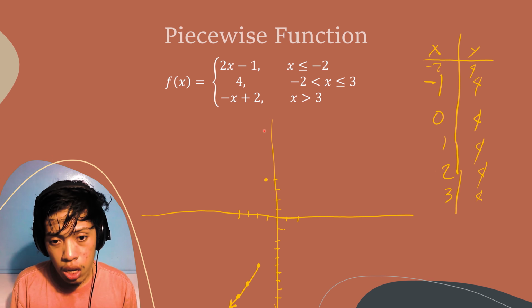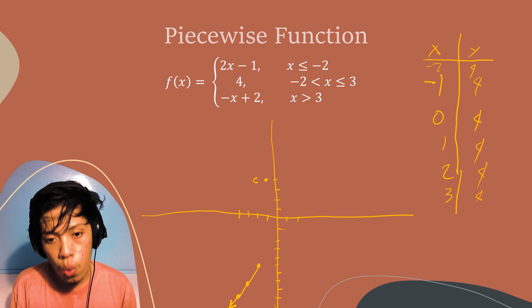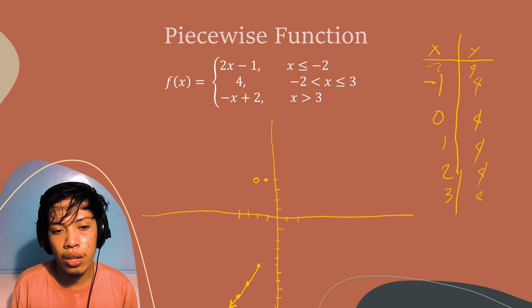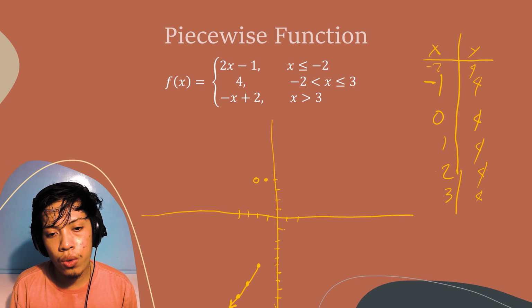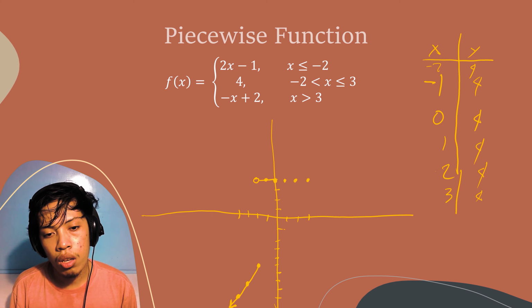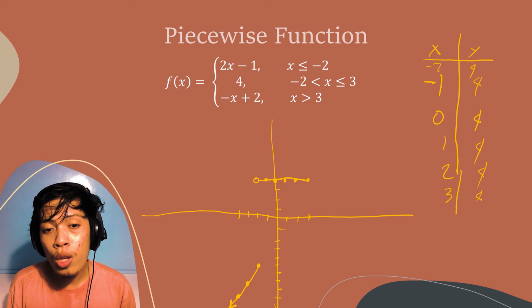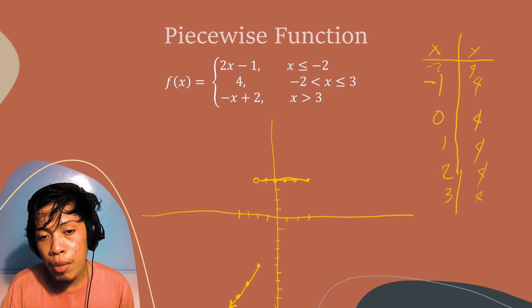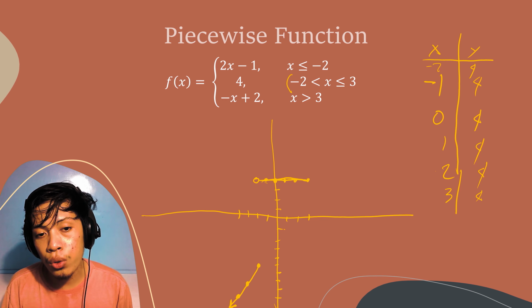So technically, you should have here a hollow dot. Like that. So for 0, this is also 4. For 1, this is also 4. For 2, and for 3. So when you connect this line, that's it. Of course, no arrow because the limit is specific. Take note, from negative 2 to 3.